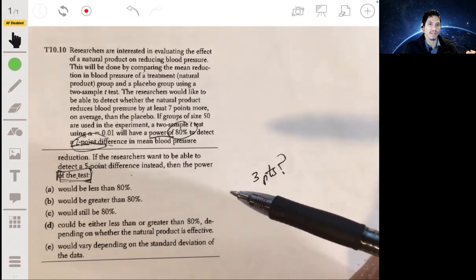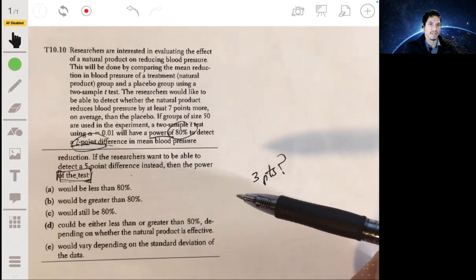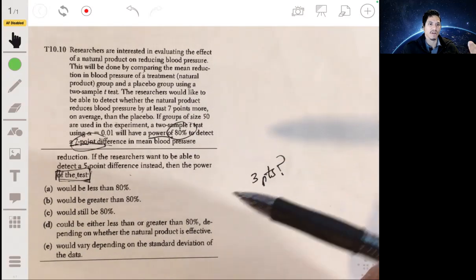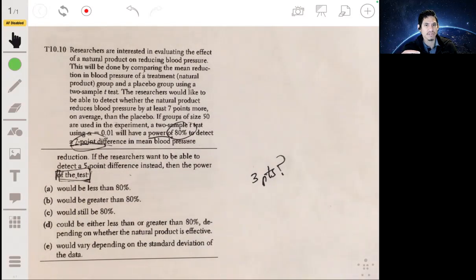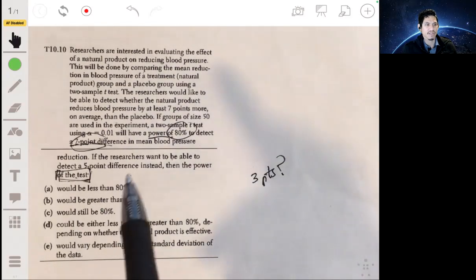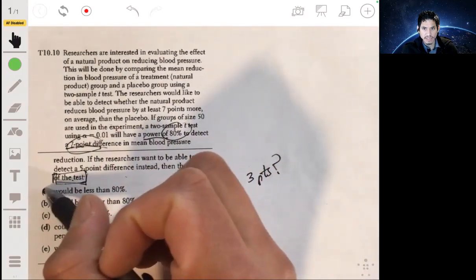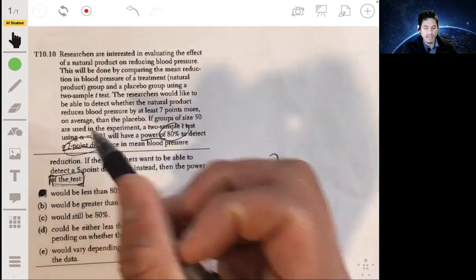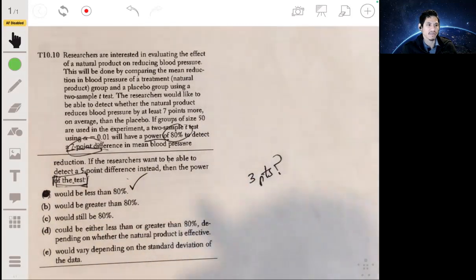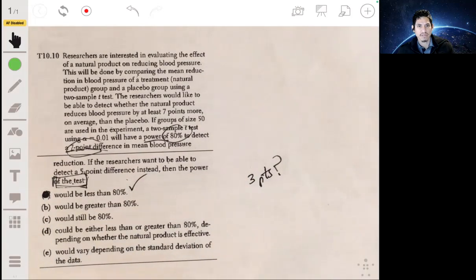Maybe it's 75 on the next one, maybe 78, maybe 71. You have fluctuations, and detecting whether those small differences were due to the coffee or not is harder. So it's going to be A. It's going to be less. It's always harder to detect smaller differences than larger differences.